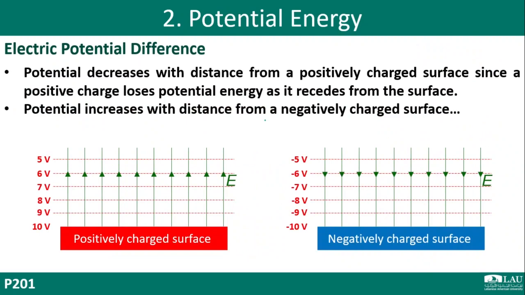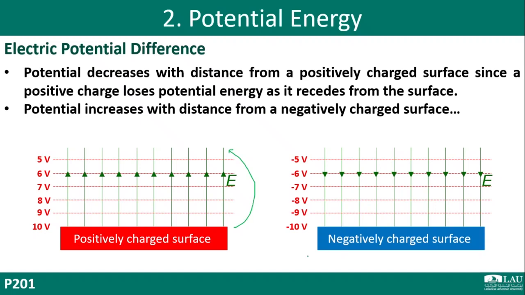Here I'm representing the equipotential lines of a plate. We have a positively charged surface and a negatively charged surface. As the distance from the surface increases, the electric potential will decrease.